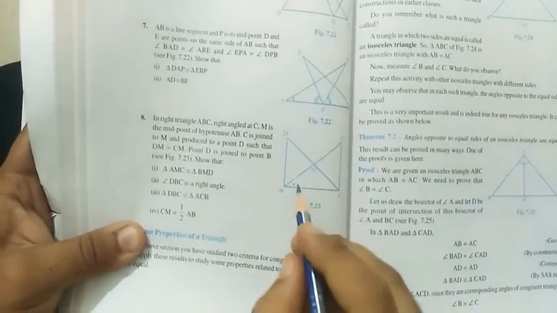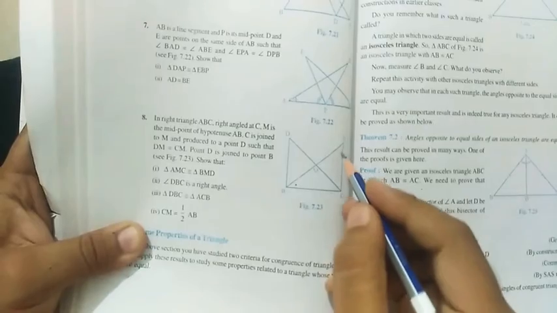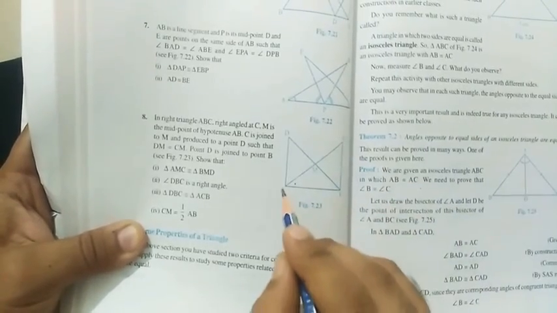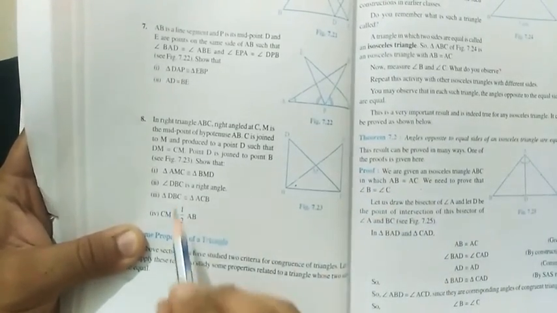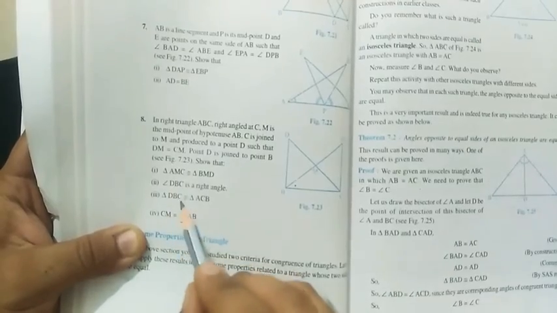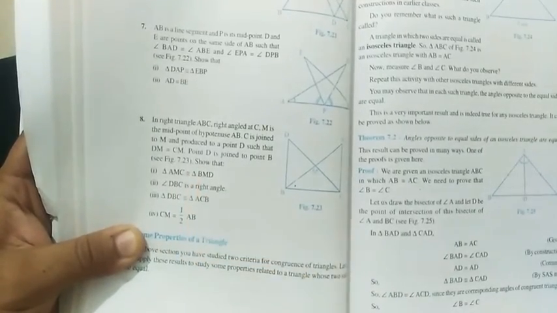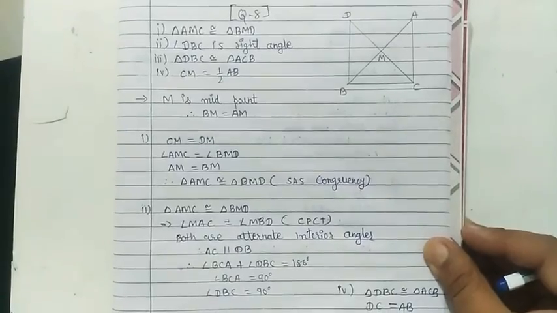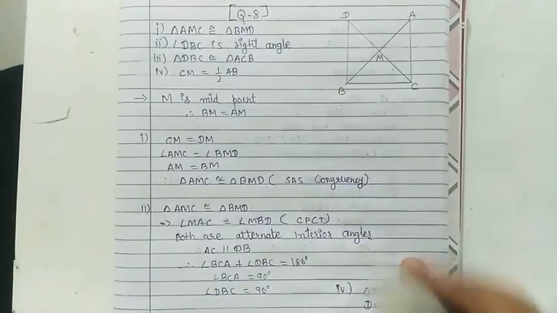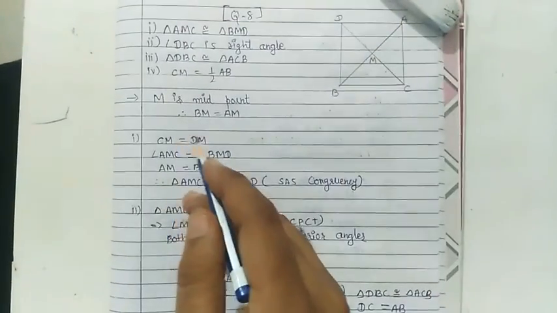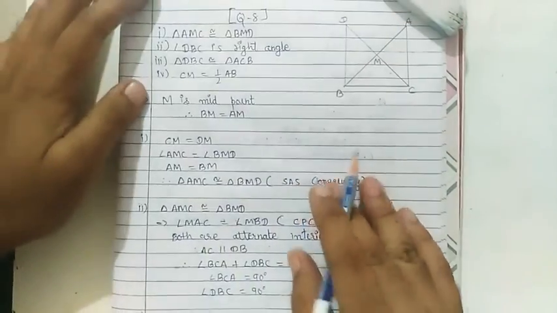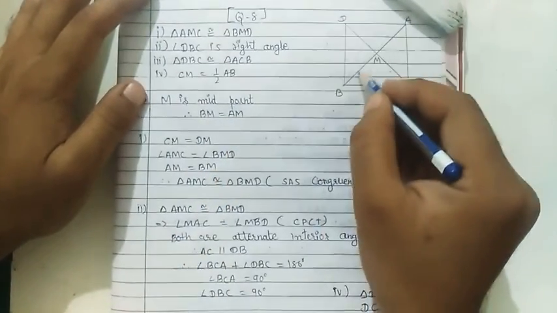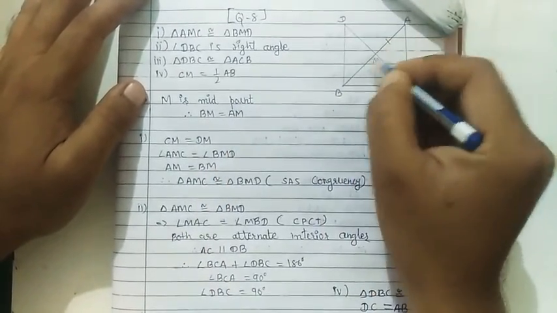Question number 8, triangle ABC and triangle BDC. These 4 we have to prove. So let me see, turn by turn we will solve each and every one. Okay. So friends, let me start. First of all, it is given that in the question M is a midpoint. So we can say that BM is equal to AM. BM and AM both are same.